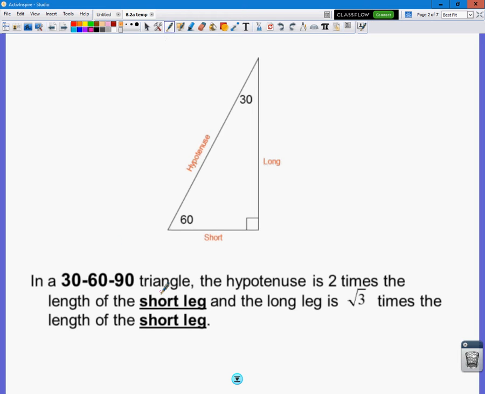In a 30, 60, 90 degree triangle, it says the hypotenuse is 2 times the length of the short leg. If I let the short leg be a variable, I'm going to say that it's A. It says the hypotenuse is 2 times as big. What does that mean the hypotenuse is going to be? 2A.